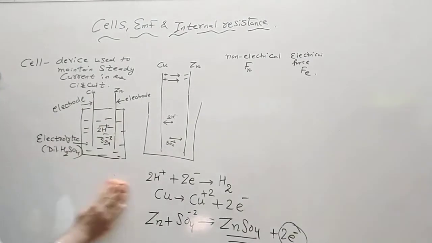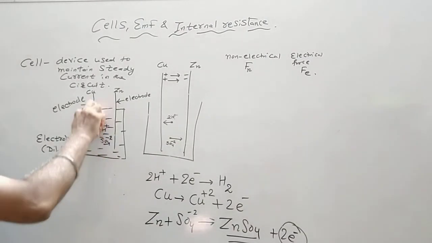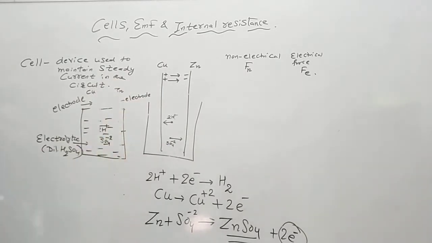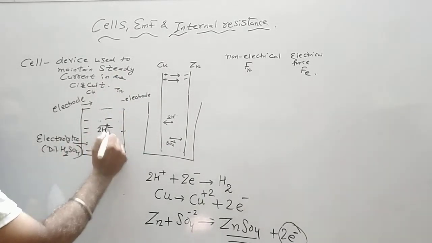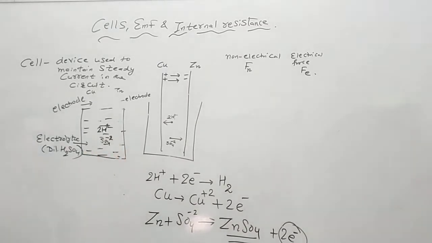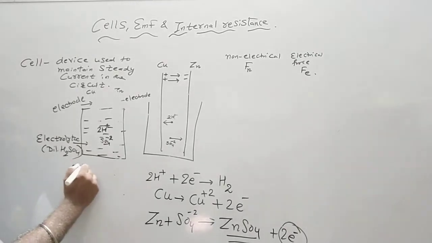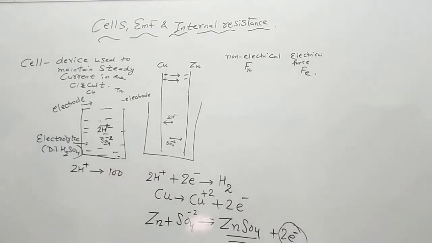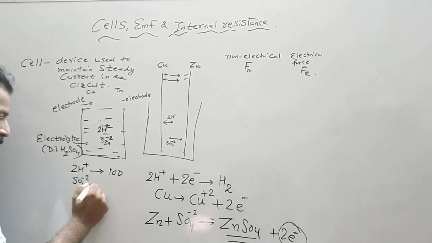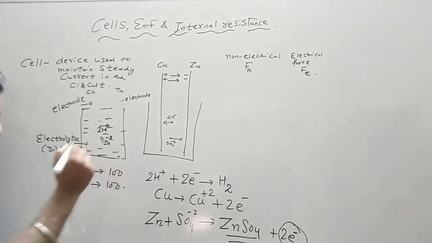Let us assume that when electrodes are not dipped, we have only electrolyte, only H plus ions and SO4 minus ions. Let us say there are 100 H plus ions and the SO4 number is also 100.